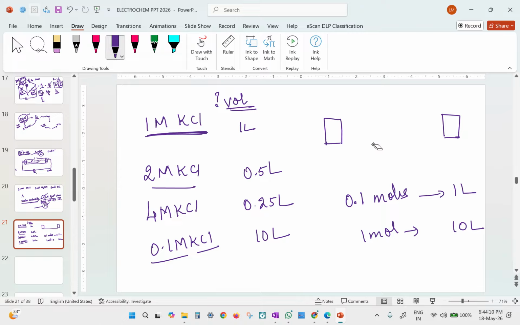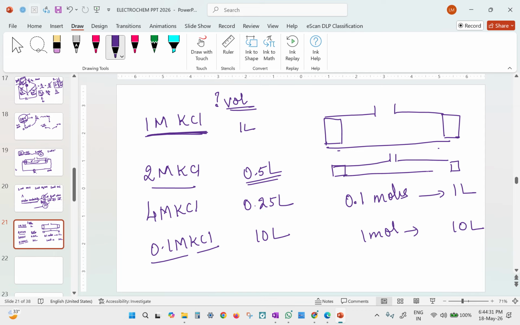But what I can give is a large surface area. So I'll keep the distance between the two electrodes the same. If I have to pour 1 liter of solution, I'll keep the area of cross section like this. But if I want to pour 0.5 liters, I'll reduce the area of the metal plates and make the container small, just enough to hold it. If this is holding 1 liter, then this is going to hold 0.5 liters.